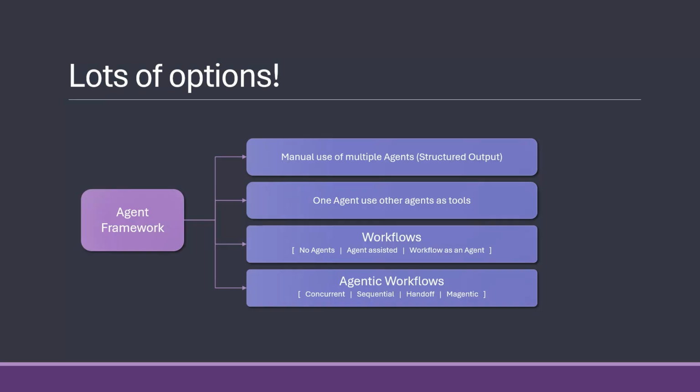Semantic Kernel was the other, and Autogen came with workflows, and Semantic Kernel came with the agentic workflows. These kinds of workflows are where all nodes in the workflow are agents by themselves. So you can have something like concurrent, where you start multiple agents to work on the same task and then aggregate them together. You can make them sequential, just one after the other.